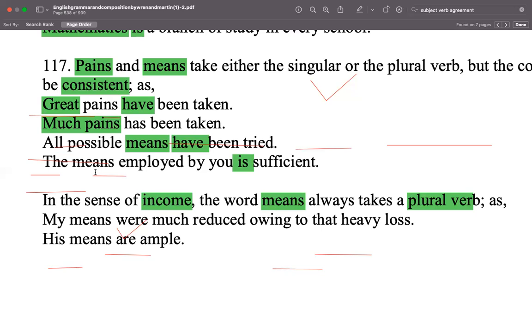Here pain is indicating feelings, and that's why it is an uncountable noun.